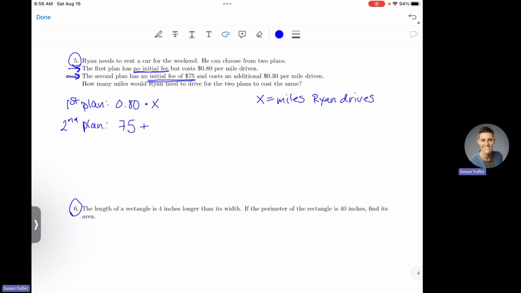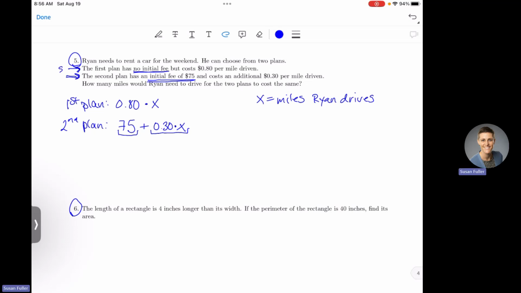And then you're going to have to add to that 30 cents per mile driven. So again, we're going to do 30 cents times the number of miles that he drives. This is the cost of the driving part, and this is the cost just to get the car off the lot. So we're going to add those together to get the total cost of that second plan.